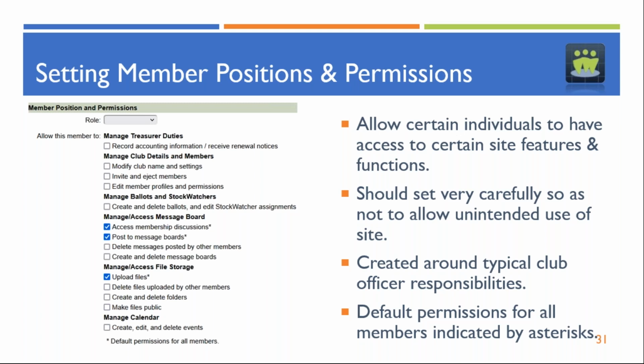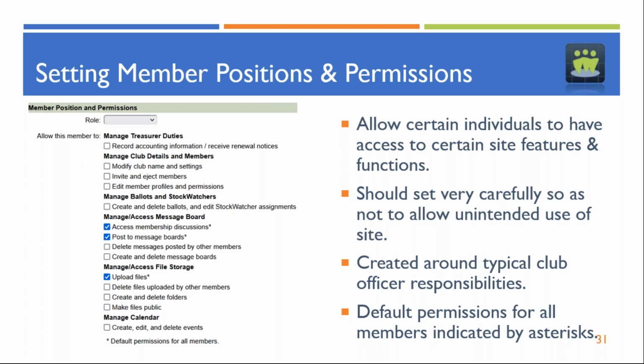The help page for the member positions and permissions page does have some more complete information about all of these various areas. You'll notice that about a half dozen of them have asterisks, which identify the default permissions for all members. Otherwise, you can determine who gets to handle which particular tasks.